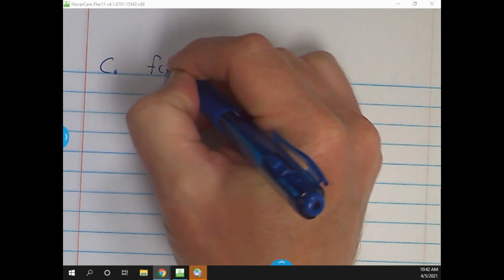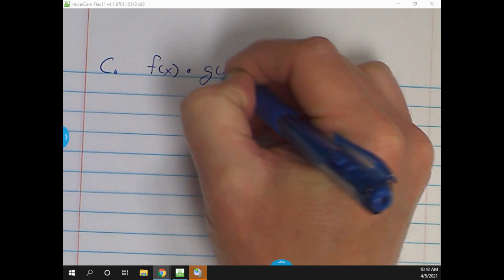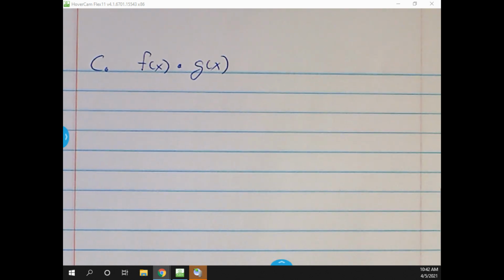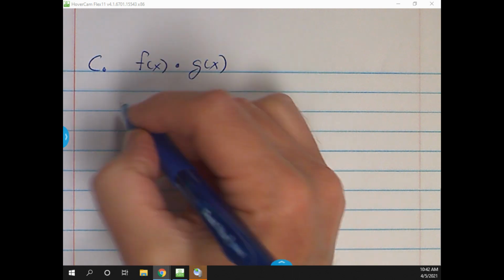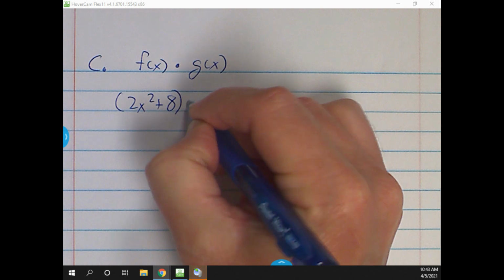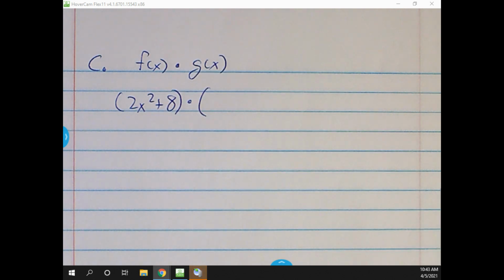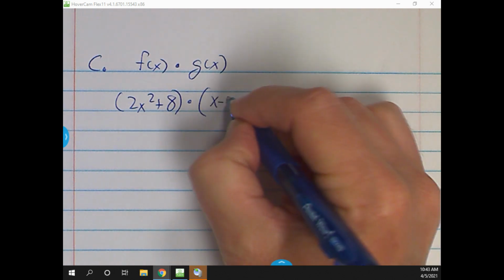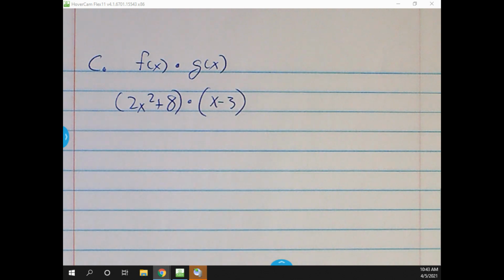there's not really anything tricky about it, because if we do f of x times g of x, it's pretty much what you think it would be. You write down the f of x. Now, in this case, you do want to write them both in parentheses. So it's 2x squared plus 8 times x minus 3, which basically means we're going to do the full method here.